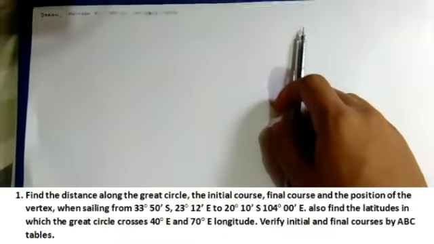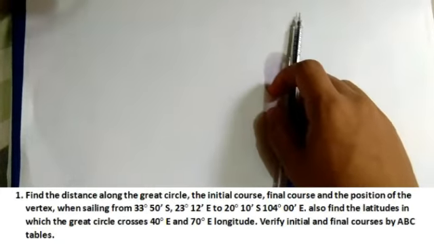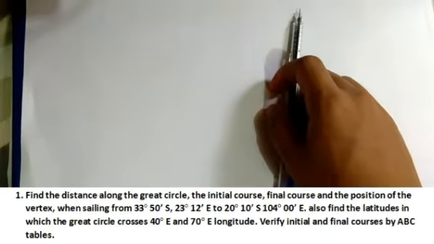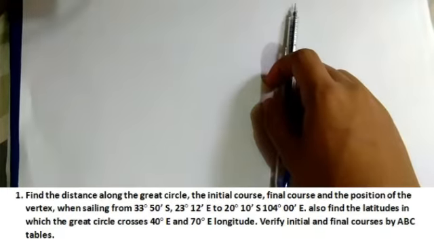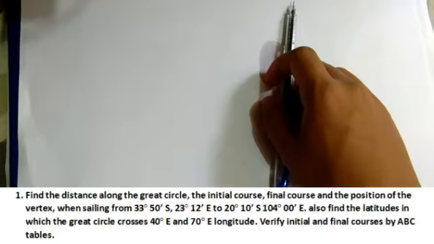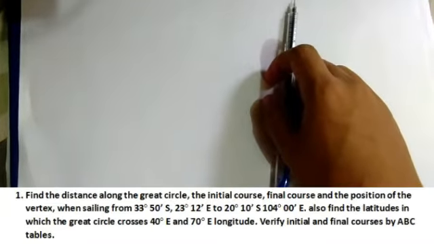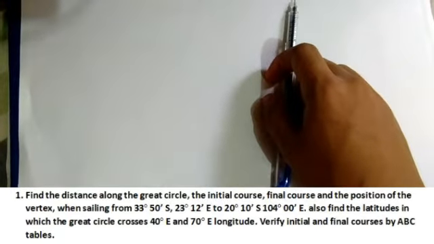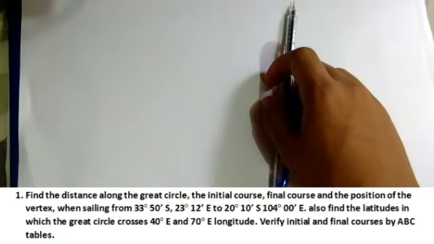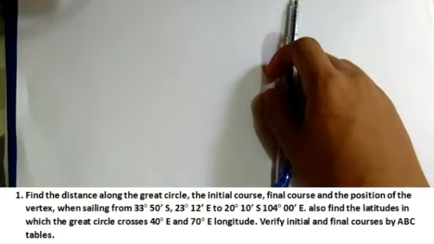So, first, we are given a problem. The problem is to find the distance along the Great Circle, the initial course, final course, and the position of the vertex when sailing from 33 degrees 50 minutes south, 23 degrees and 12 minutes east to 20 degrees 10 minutes south and 104 degrees east.